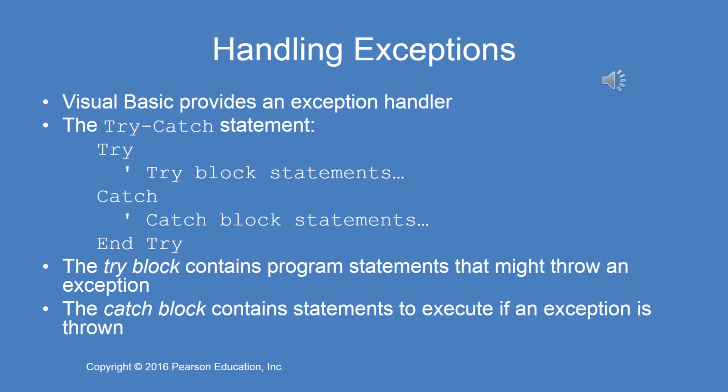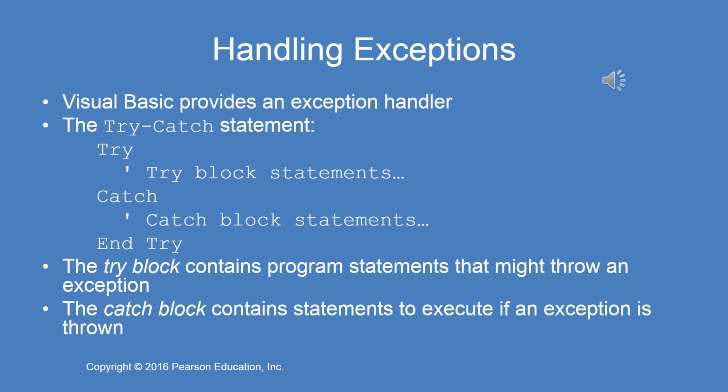Visual Basic provides exception handling in the form of the Try-Catch statement. And the syntax is Try, and then you have a block of statements in between the keyword Try and the keyword Catch. And those statements may throw an exception.